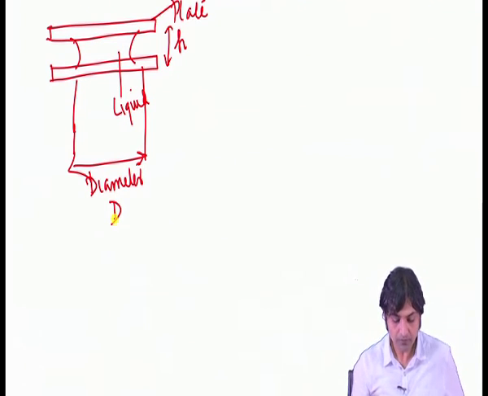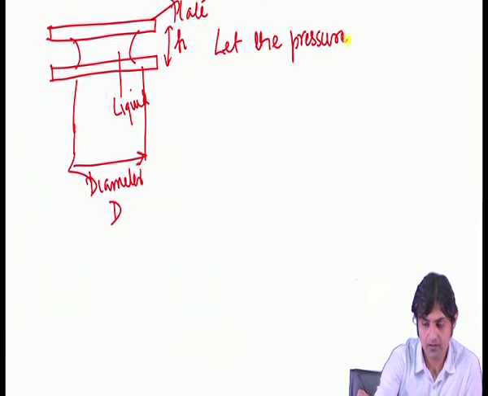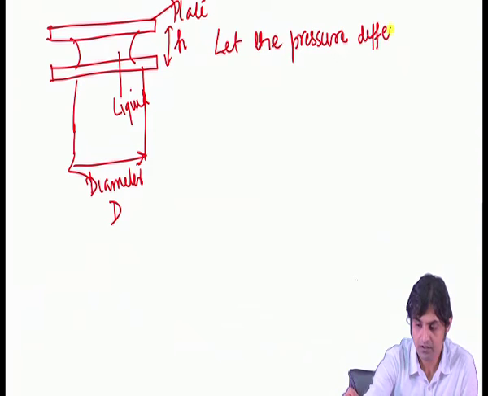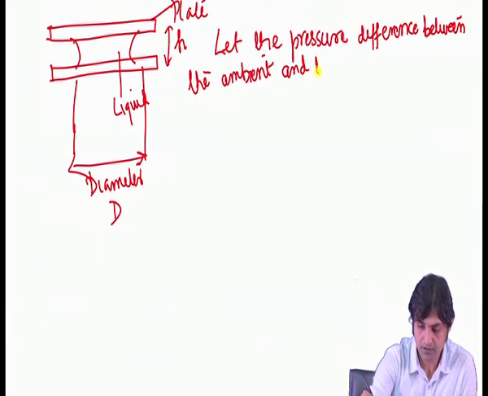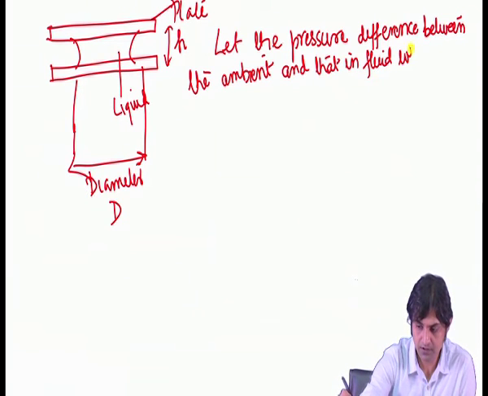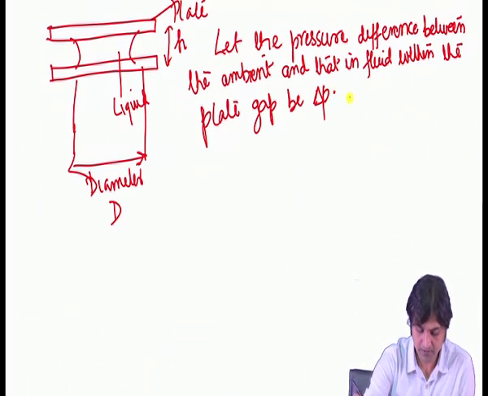So now what we say is, let the pressure difference between the ambient and that in fluid within the plate gap be delta P, right?